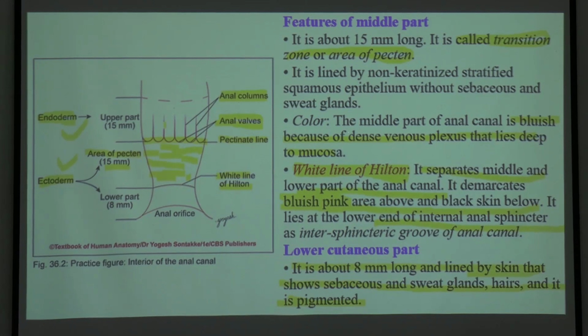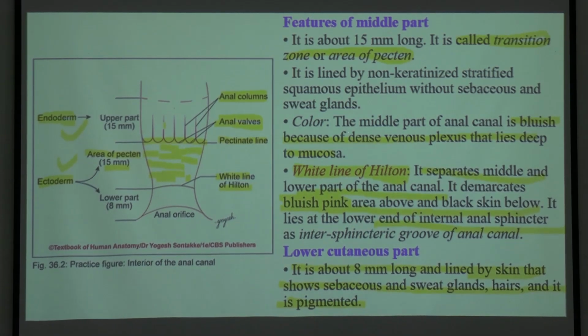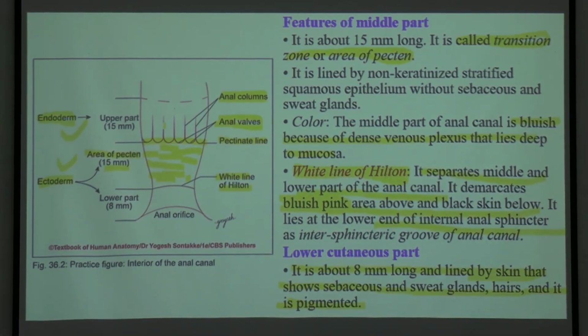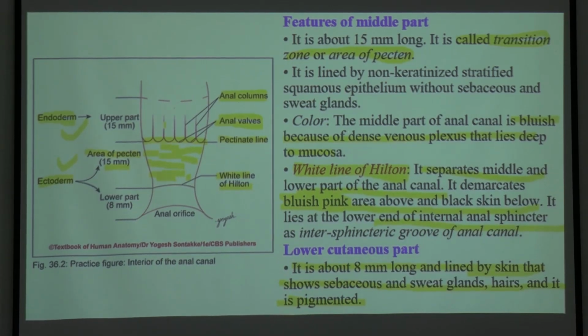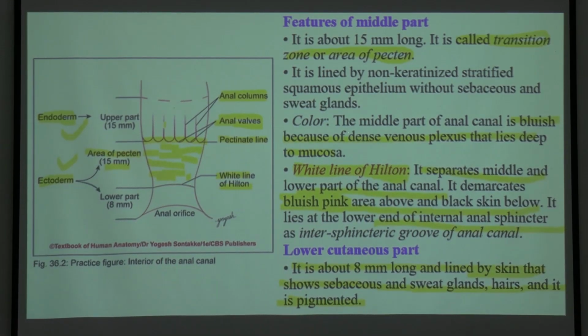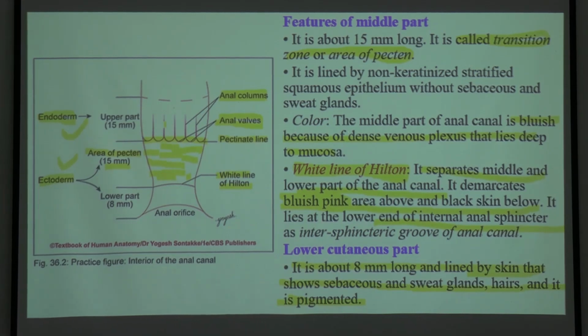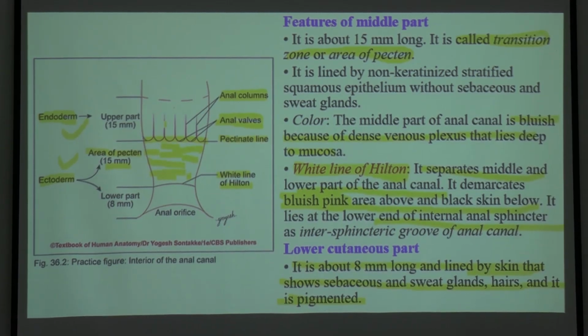Why is the dentate line called the watershed line? Because from here there is divergence of nerve supply, divergence of lymphatic supply, divergence of the arterial supply, divergence of the venous supply, divergence of the development.